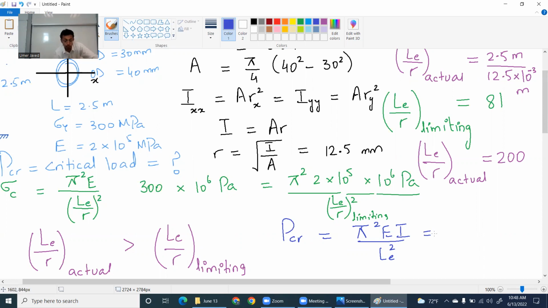And you can do the number crunching yourself, but let me do it for you. Pi square is pi square. Elastic modulus is 2 into 10 power 5 into 10 power 6 pascals divided by, no, I think I've missed something.